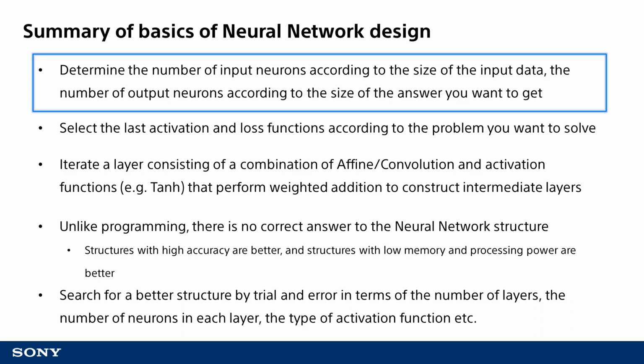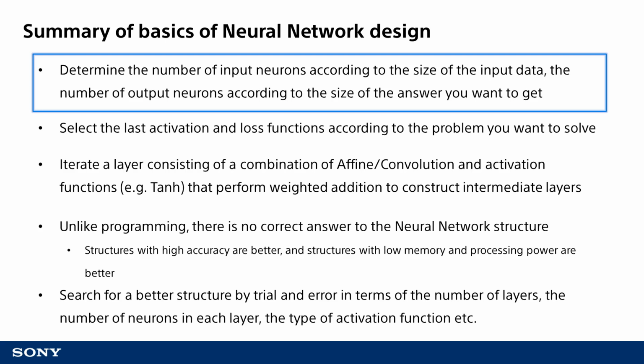The number of input neurons in the neural network is determined by the size of the input data, depending on the problem you want to solve. The number of output neurons is then determined according to the size of the answer you want to get as the output of the neural network.